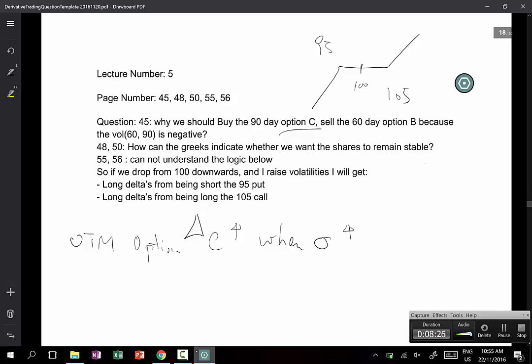For an out of the money put option, the delta also goes up when volatility goes up. For in the money it is the exact opposite. Now for put options, it's actually the absolute value. Let me show you what I mean by that.